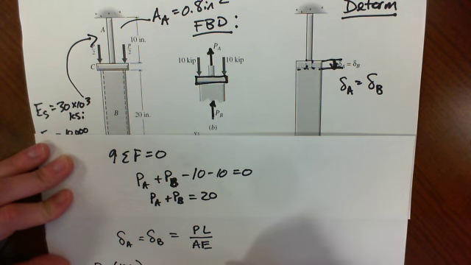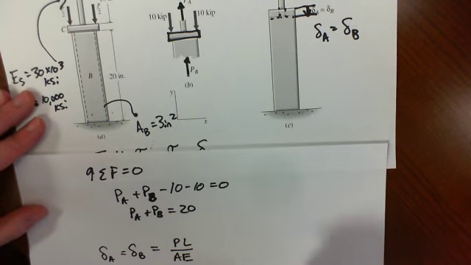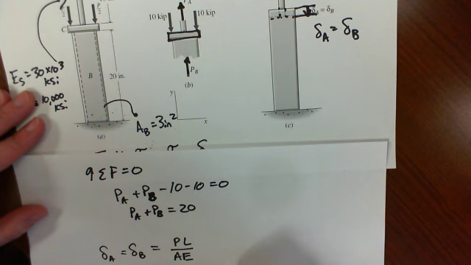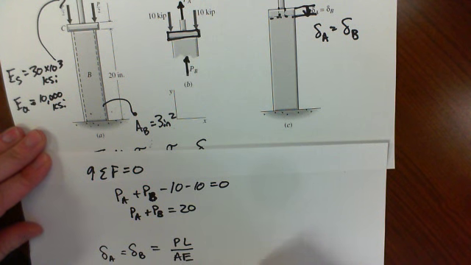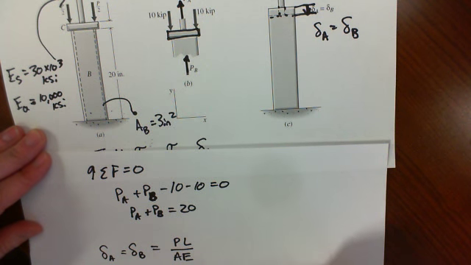And that is going to equal the deformation of B: P_B, and then the length is 20 inches, over the area, which was given as 3 inches squared, and the E for part B is 10,000 KSI, or 10 times 10 to the 6th PSI.